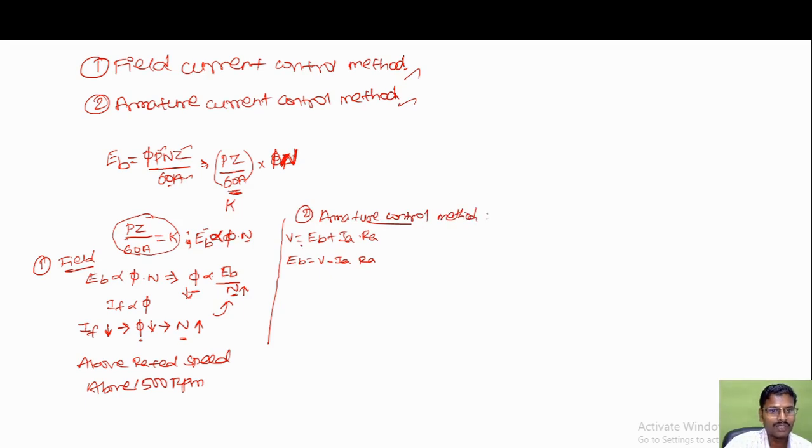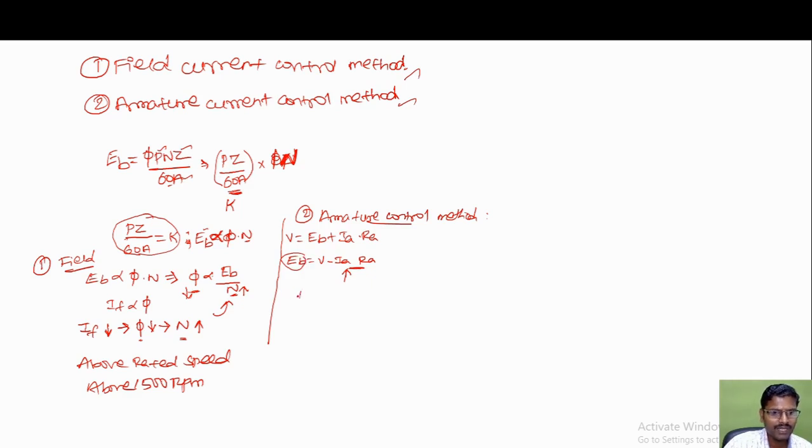So we know that the voltage V is equal to EB plus Ia Ra. This can be written as EB is equal to V minus Ia Ra. Now I'm going to increase the value of Ia. If Ia increases, then the total voltage drop of the armature will increase. So it will directly affect the back EMF, right?